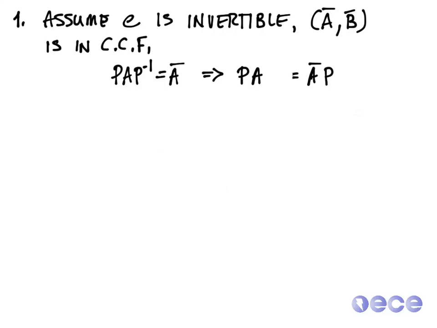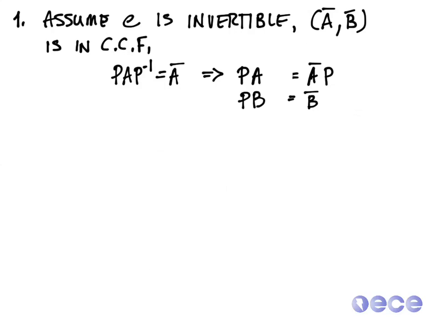So P times A is equal to A bar times P. And again, P times B is equal to B bar. Let's let the rows of P be defined as P1, P2, P3, etc.